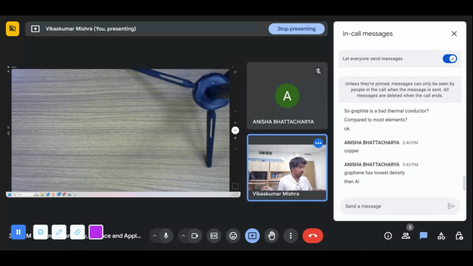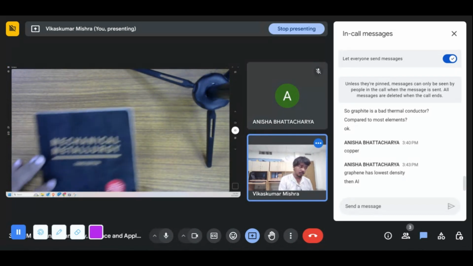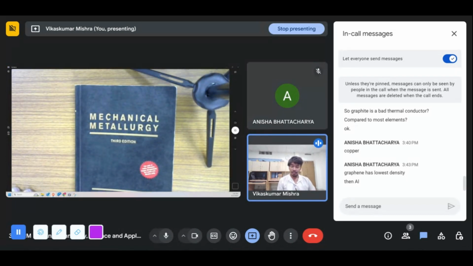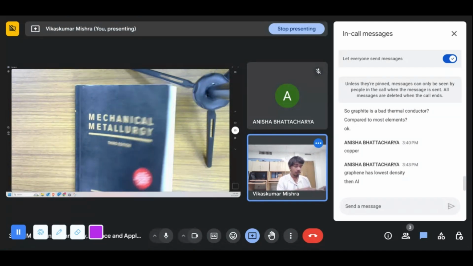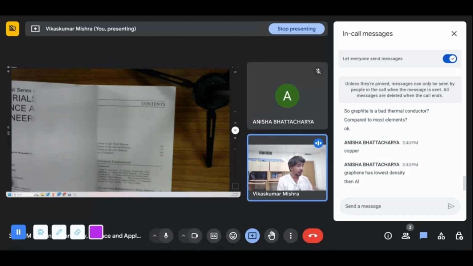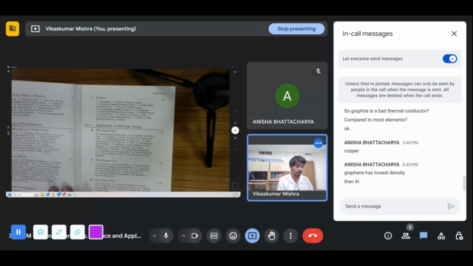In the initial stage of this nanotechnology course, we discussed the tensile test and how the strength of a material depends on grain size. We talked about the Hall-Petch equation. To study that, I used this book on mechanical metallurgy.